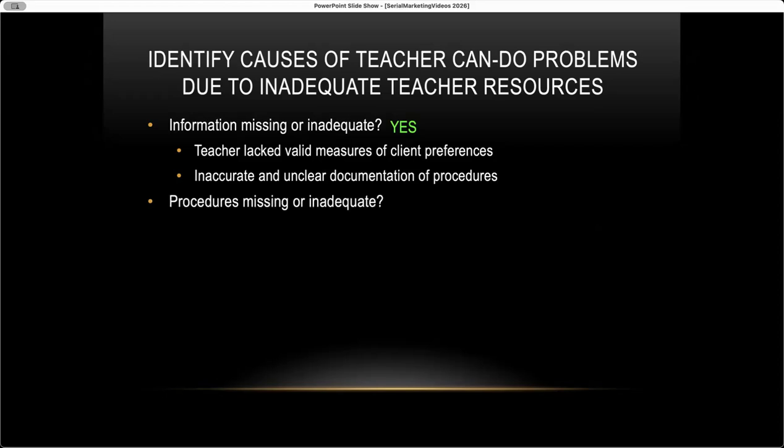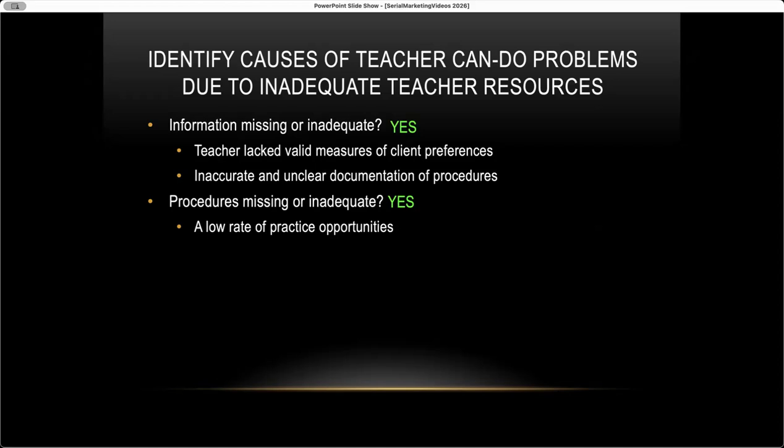Were the teaching procedures, or other procedures, missing or inadequate? Yes. The procedure that she was using required a low rate of practice opportunities for the student. So the better she implemented the procedure after the additional training, the lower the rate of practice opportunities for the student. Now, why is that important?